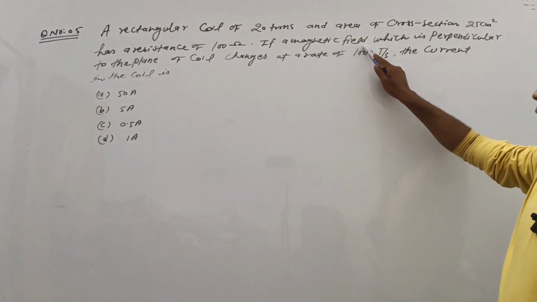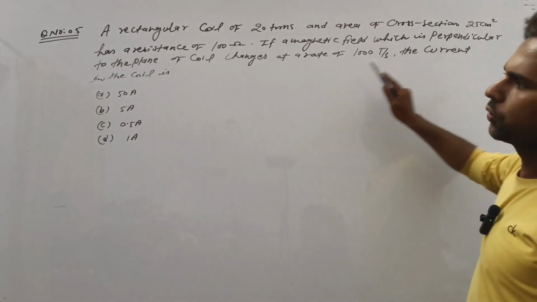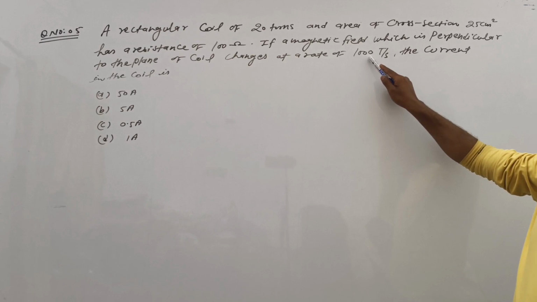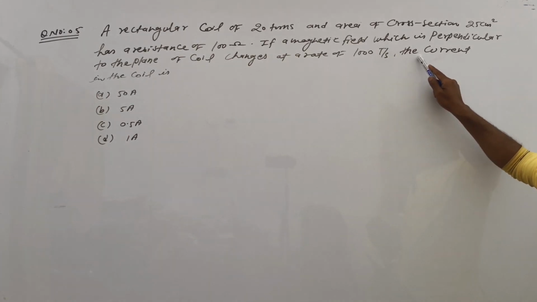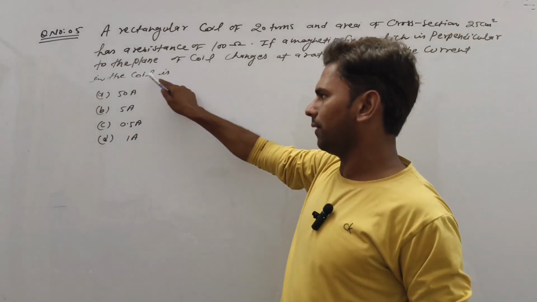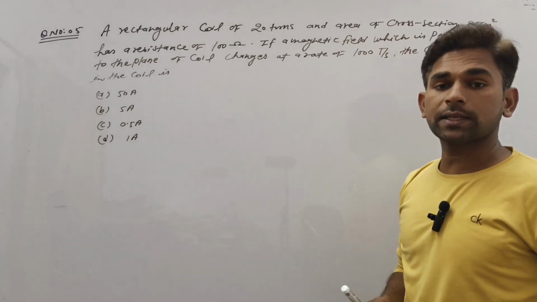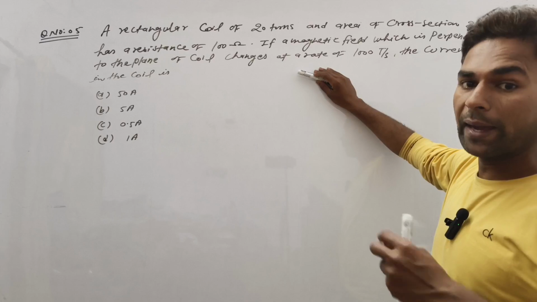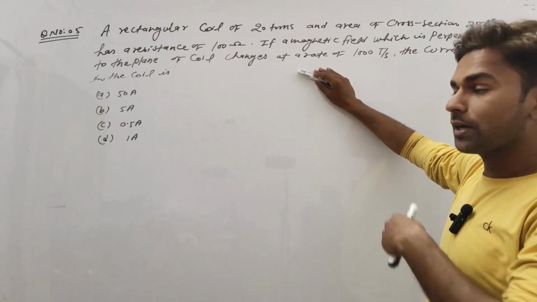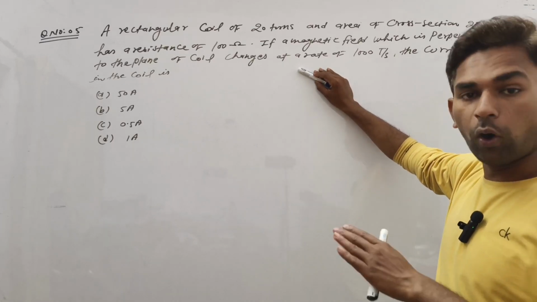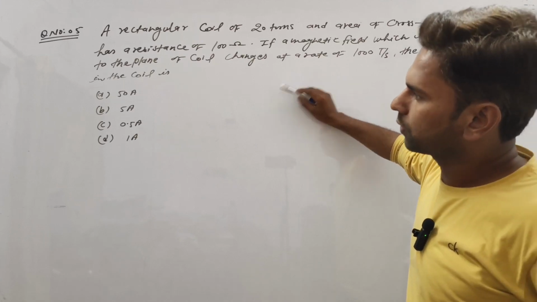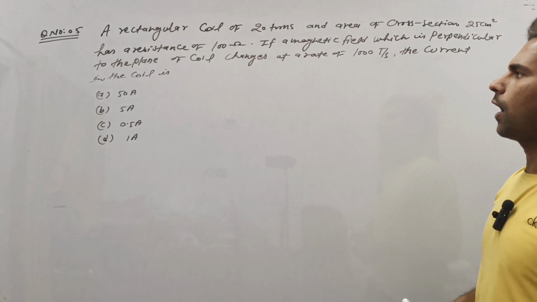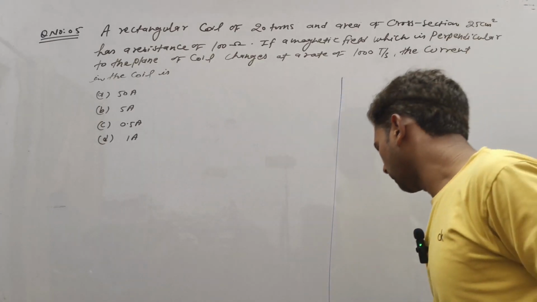If a magnetic field which is perpendicular to the plane of the coil changes at a rate of 1000 Tesla per second, the current in the coil is. What they are asking is the value of current when the magnetic field is changing. This time they are changing the magnetic field, not the magnetic flux. Four options are given; we will see which is correct after solving this numerical.